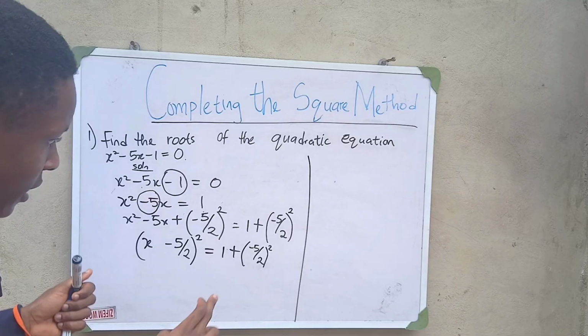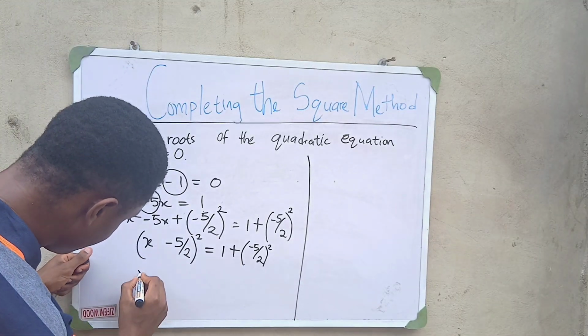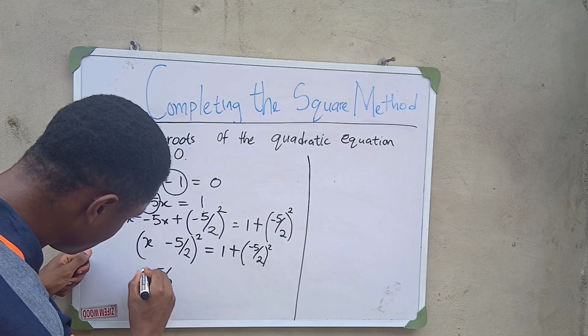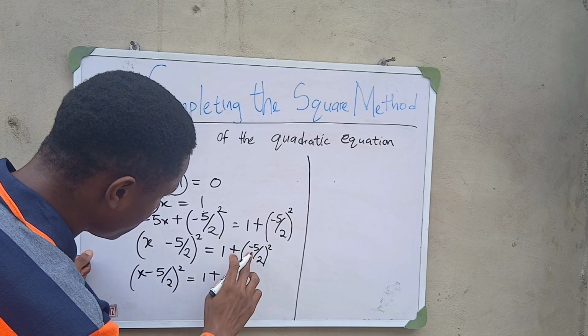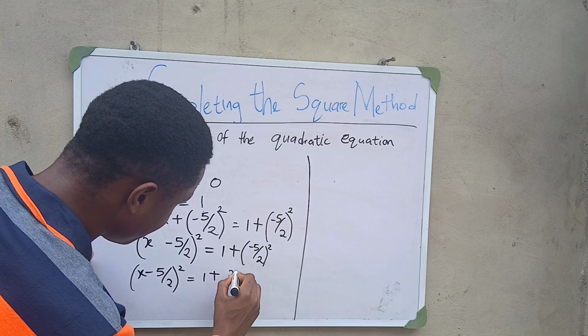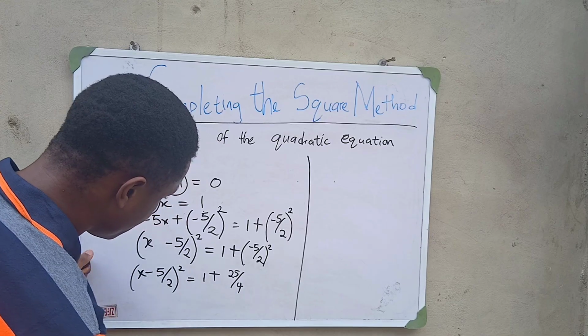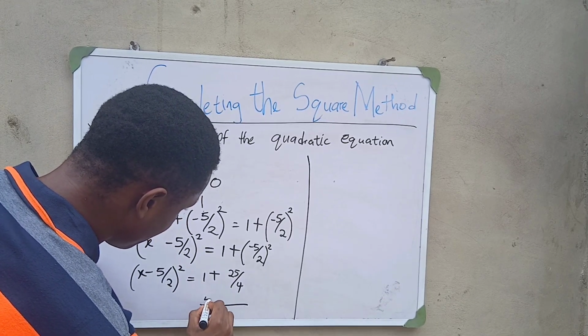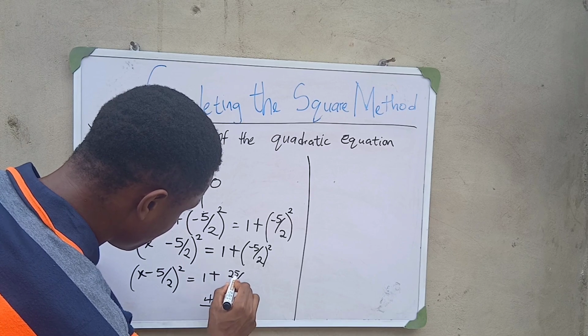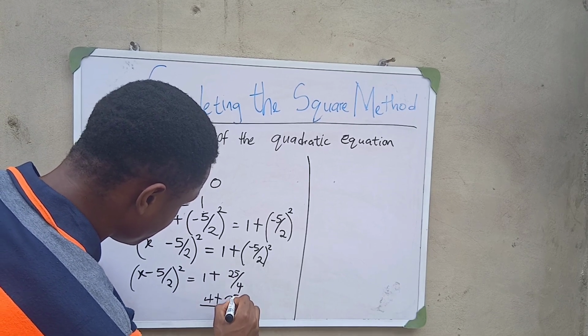Now the next thing is that we'll find the square of this. So we have x minus 5 over 2 all squared is equal to 1 plus, our square of this is 25 over 4. So we'll find the LCM, which is 4. 4 goes into 4 one time, and 1 times 25 is 25.